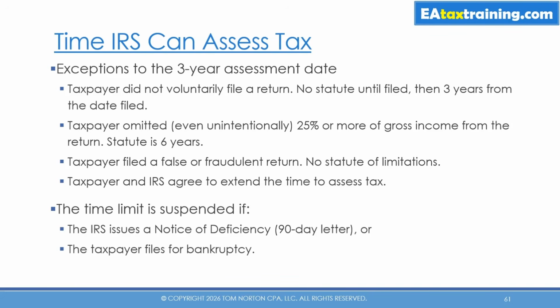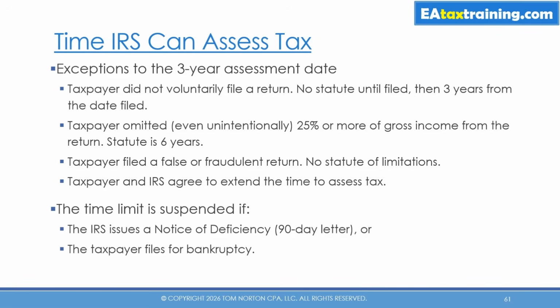Well, if they issue a notice of deficiency at 2.5 years, they have met their burden. They have assessed the tax within 3 years. Now, if they later rescind that notice of deficiency, then the clock will start back up.